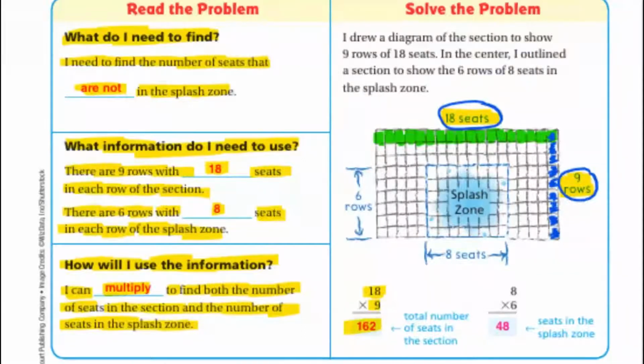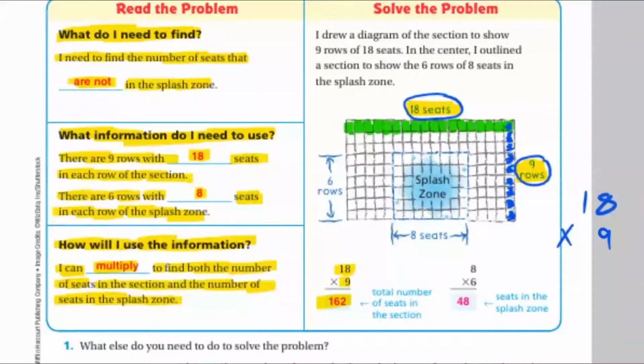Okay, let's multiply it here. 18 multiplied by 9 can be multiplied using partial products as we said before. Starting from the left, we have 1 in the tens place, right? So the tens place takes a 0. So 1 multiplied by 9 equals 9. And then let's multiply the ones, and as we said before, the ones place takes no zeros.